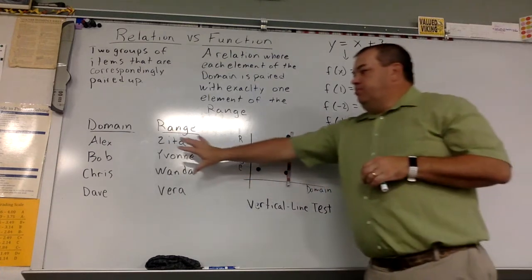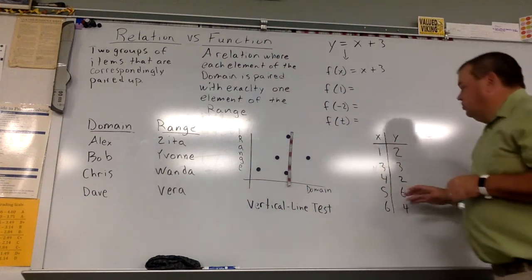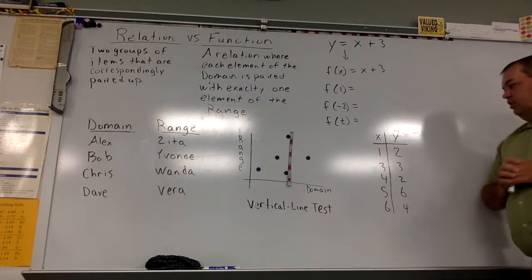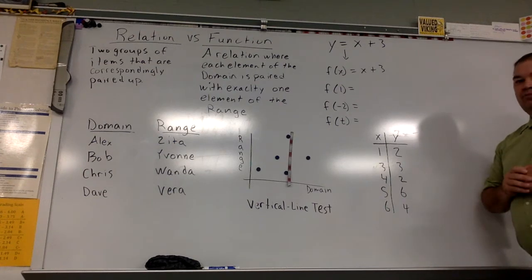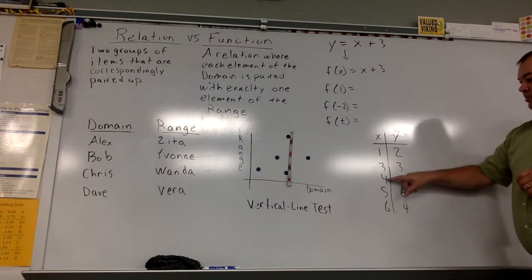So we can do this with mappings. We can do this with the vertical line test. We're used to seeing this T-chart, this XY table, whatever you normally call it, where my domain is my X and my range is my Y. So I'm looking in my domain to see if there's any repeats.